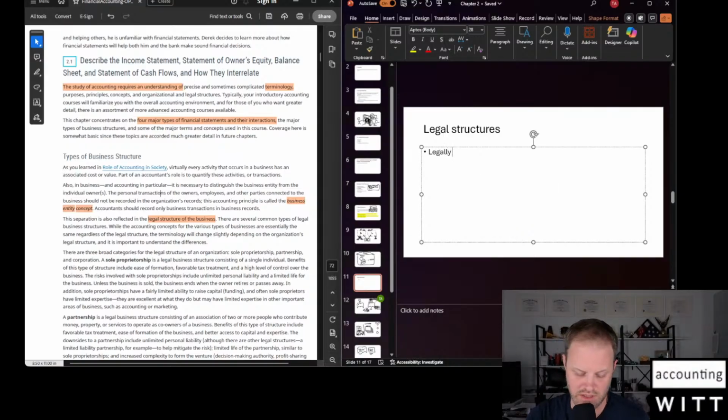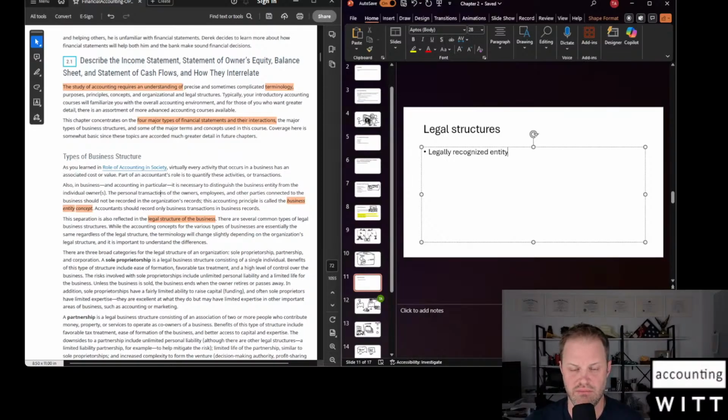So let's just say legally recognized separate entity. What that means is, what's the name that's going to be on the bank account? What's the name on the contract to buy equipment? What's the name on the bank loan?